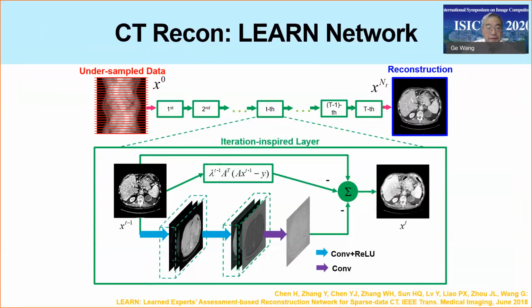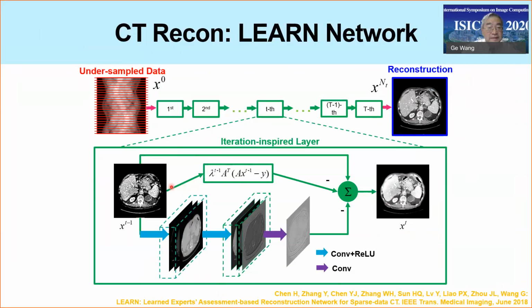For example, there is the paper from Sichuan University, in collaboration with my group, where we have this unrolled deep learning network. Basically, we have multiple stages, and we can use deep learning to train each of them.